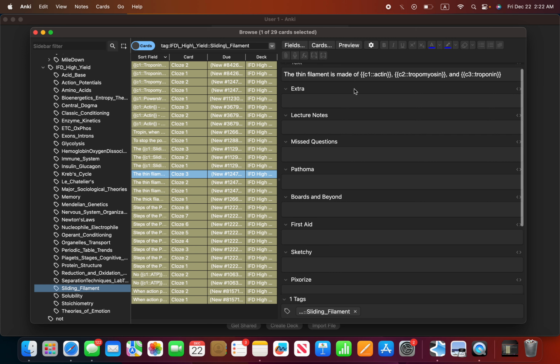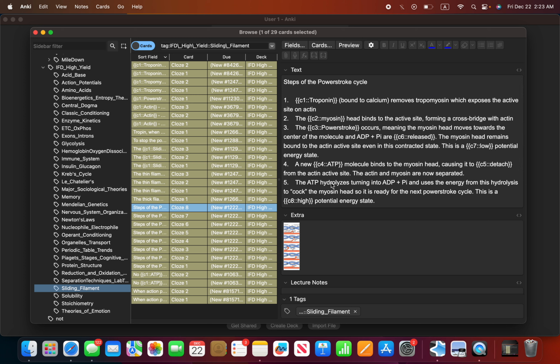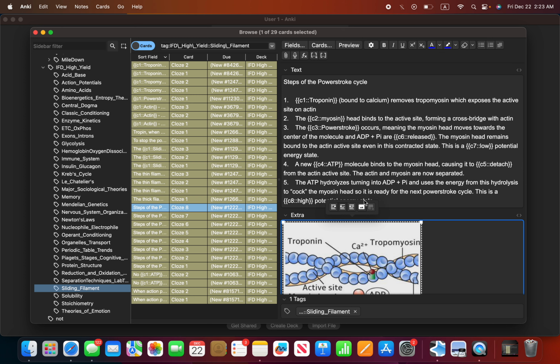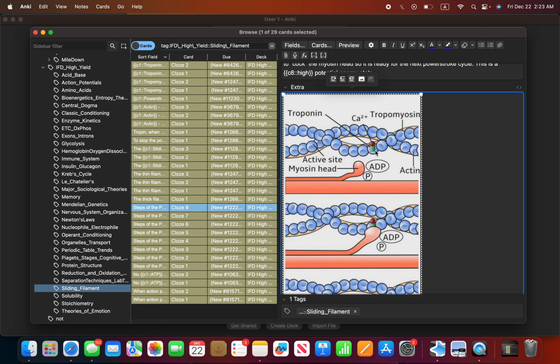Now we have the steps of the power cycle, which are very important. You can see the picture here. We have the tropomyosin as the blue circles, and then we have troponin on tropomyosin, and we have the calcium. So when troponin is bound to calcium, it should avoid the active site of the myosin head.